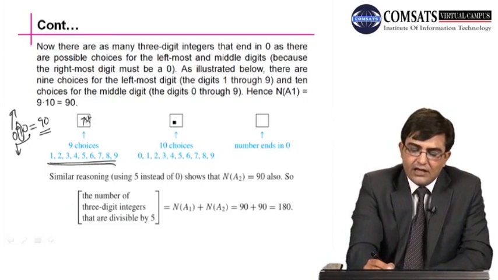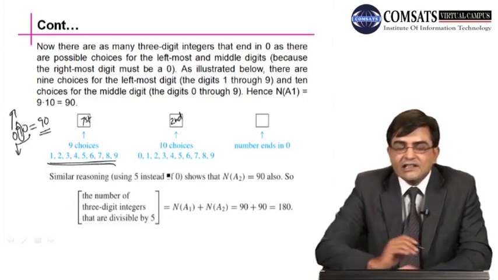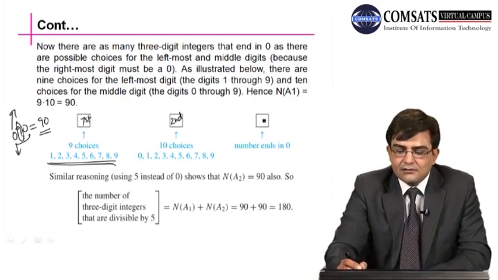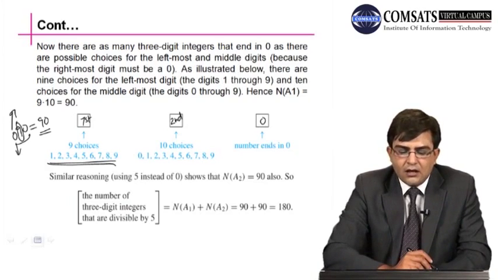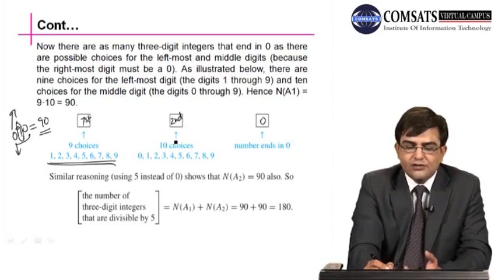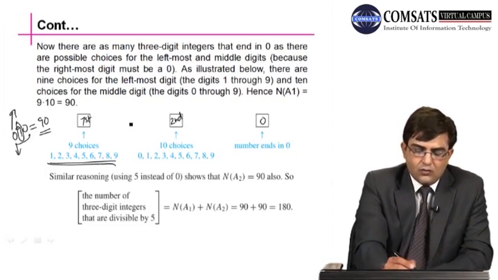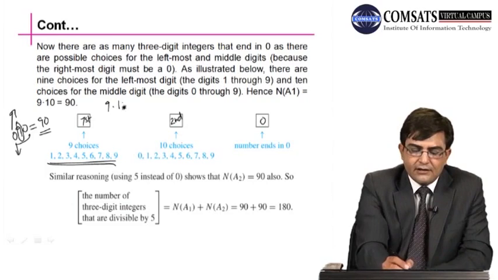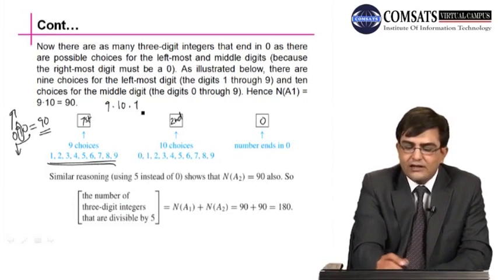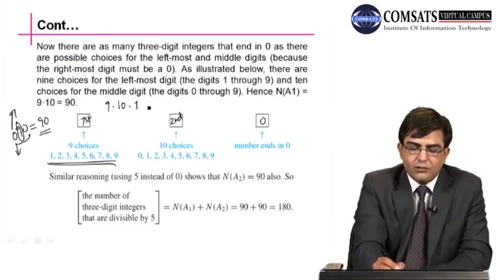So at the second place we have 10 choices, and the last digit must be 0. So here we have 9 choices, here we have 10 choices. By using the multiplication rule, we multiply 9 into 10, and at the third digit place we have only one choice. So 9 into 10 is 90.